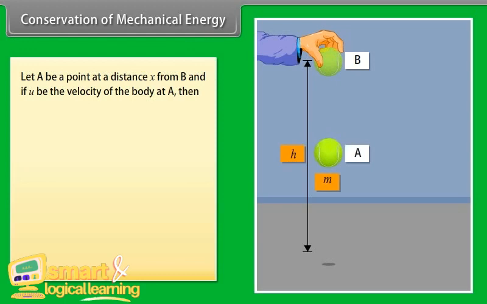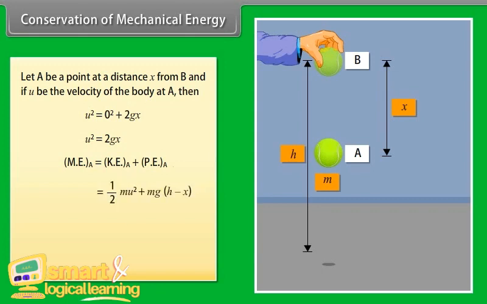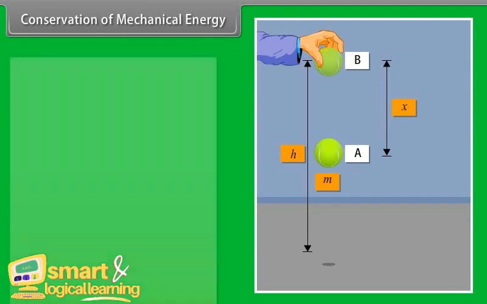Let A be a point at a distance x from B, and let u be the velocity of the body at A. Then u squared is equal to 2gx. The mechanical energy of the body at A is equal to the kinetic energy of the body at A plus the potential energy of the body at A. By calculating it, we get the mechanical energy of the body at A is mgh.